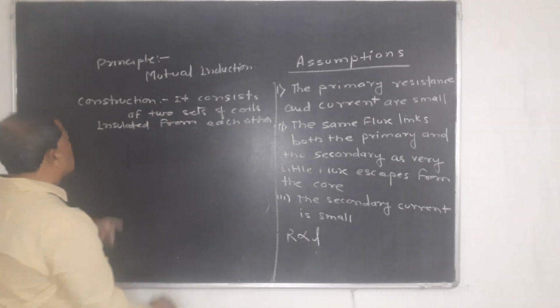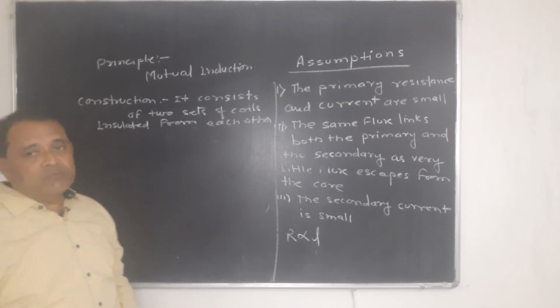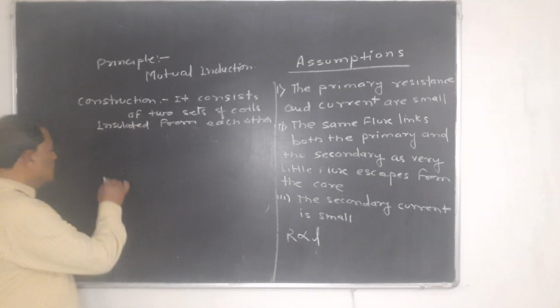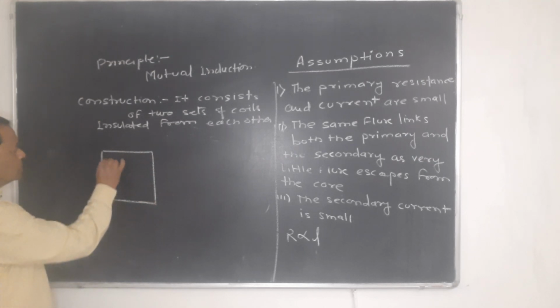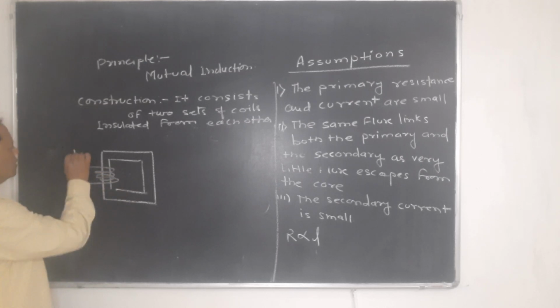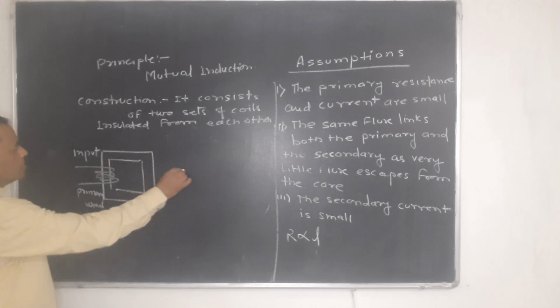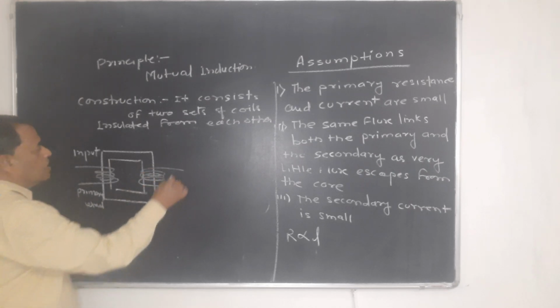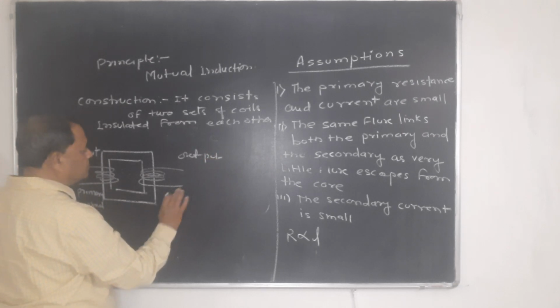Construction: it consists of two sets of coils insulated from each other. This is the winding; input is given here. This is called the primary winding. Output we get here, the secondary winding.